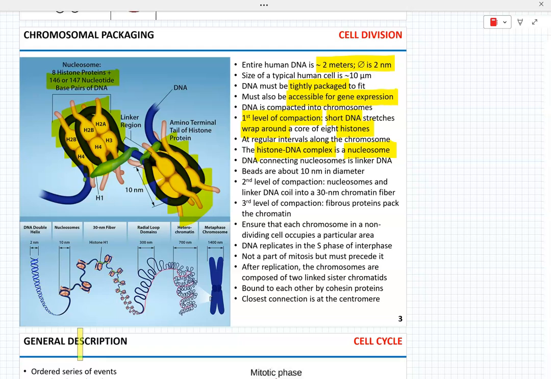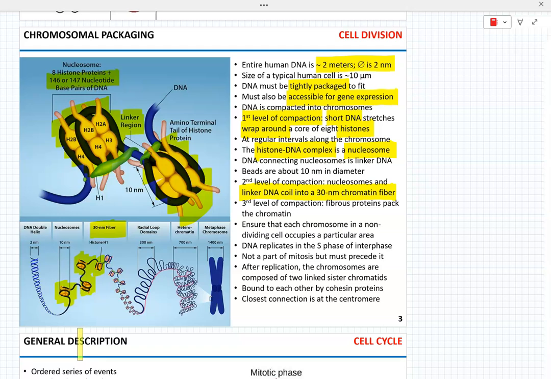Nucleosomes are located at equal intervals along the chromosome, and nucleosomes are connected by so-called linker DNA. At the second level of compaction, nucleosomes and linker DNA fold into a 30 nanometer fiber.